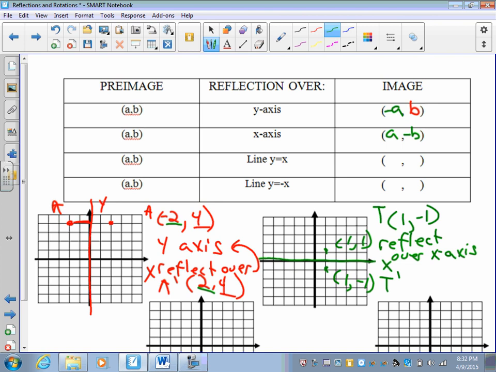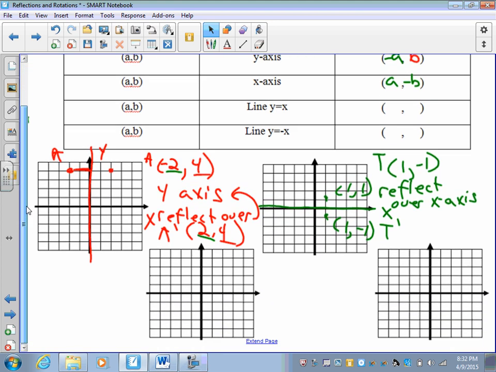Now for the y equals x line, basically you're just switching the x and y. If you have a, b, then it's going to be b, a. I'm going to draw my y equals x line. Okay, that was a bad drawing.